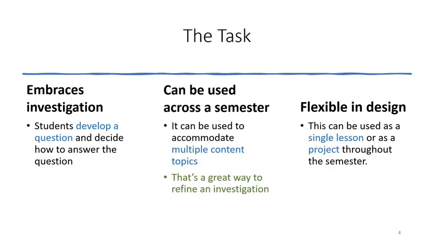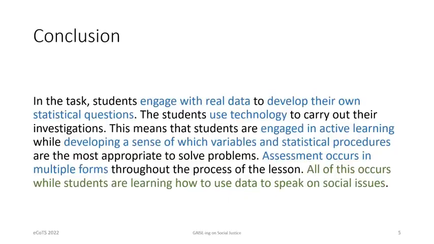And so it can be used across the semester, and we would refer to that as statisticians as refining our investigation and applying different tools. So this is flexible in design because you can use this as a single lesson to make one point, or as a project throughout the semester to help students learn about refining an investigation.